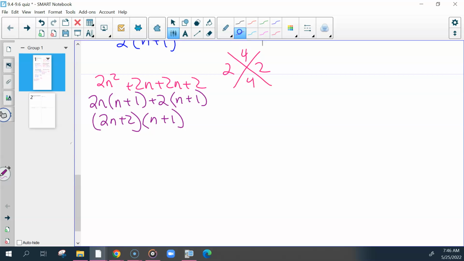If you got this far, you should have seen that these both share a 2 that could be factored out again. So either way, you should have gotten 2 times n plus 1, n plus 1. Do we have any questions on 7?